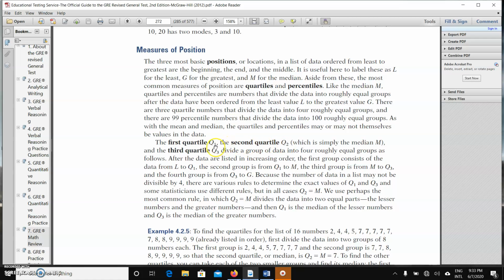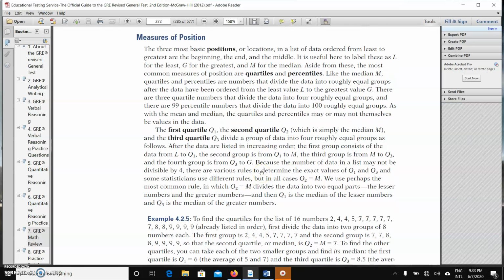But Q1 is going to be a range of values that falls within that quarter, below Q2. Then Q3 is another range of values above the median, above Q2. When you read this text, you get to understand better.